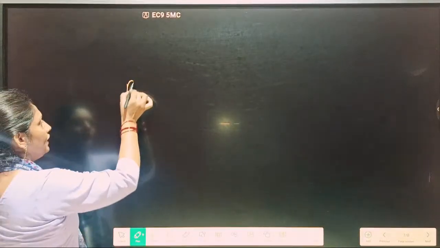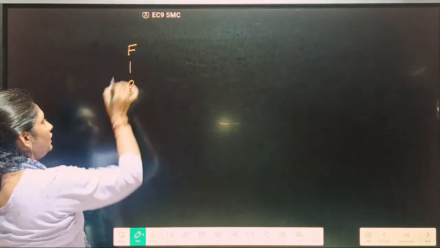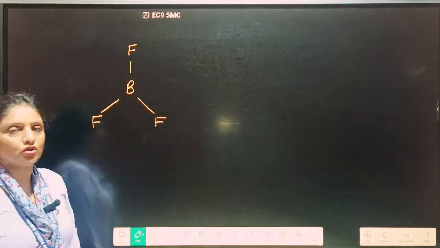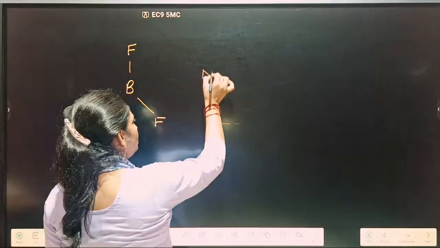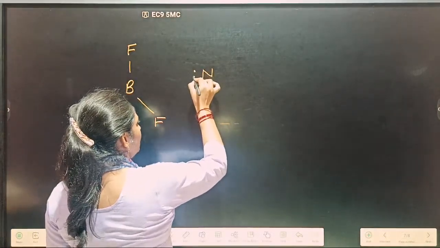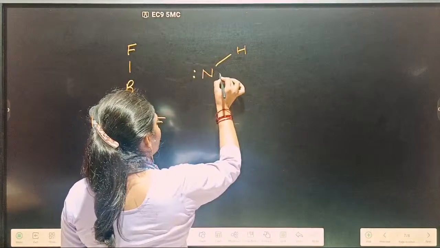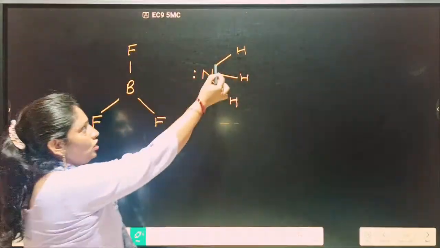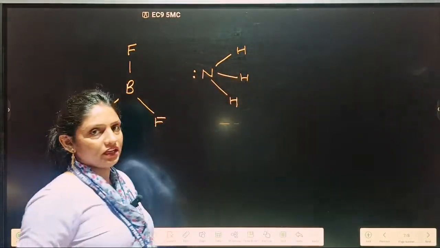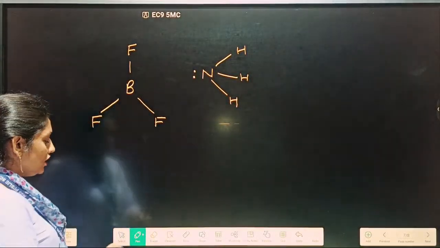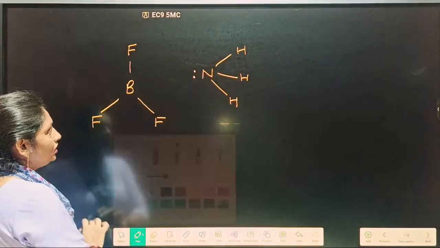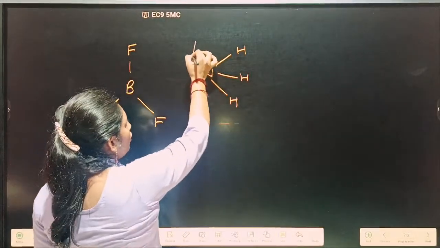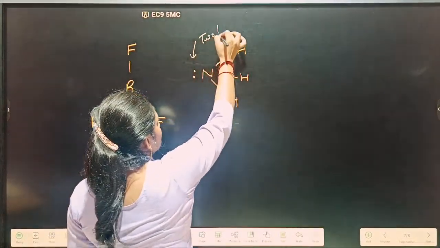In the case of BF3, its octet is not complete even after forming bonds, and in ammonia its octet is complete, because here 2, 4, 6 and 8, 8 electrons are there. But it has 2 non-bonded electrons.